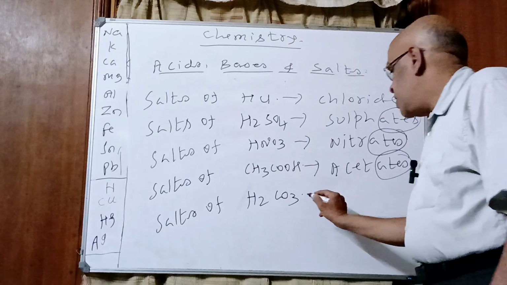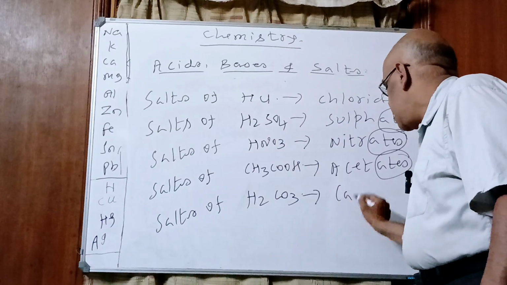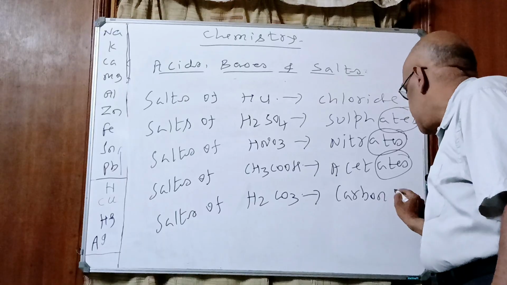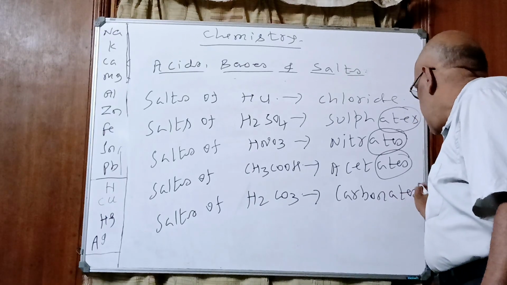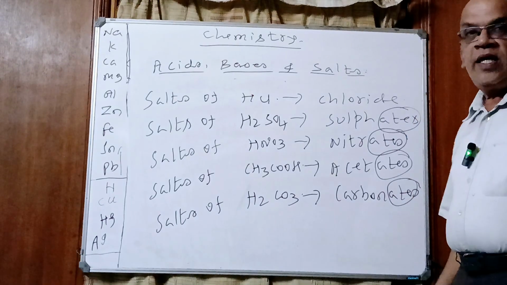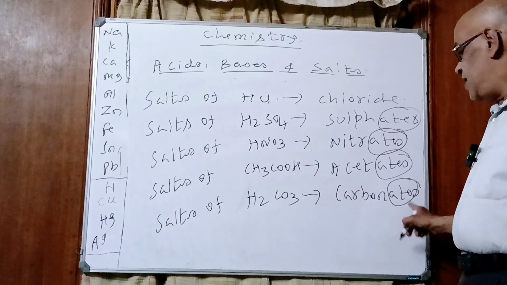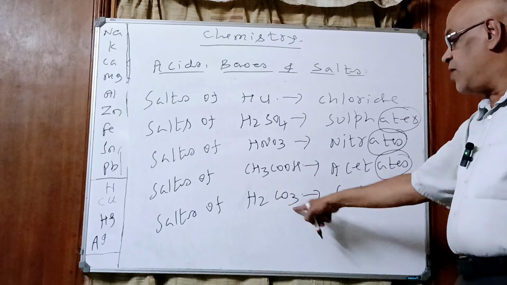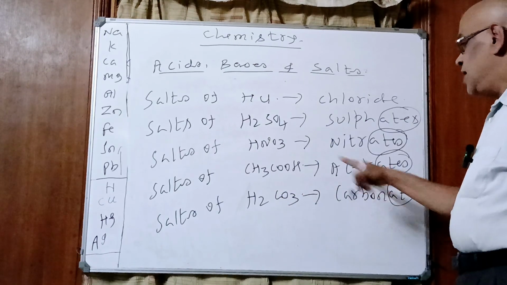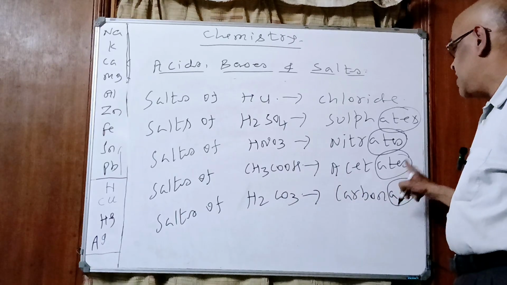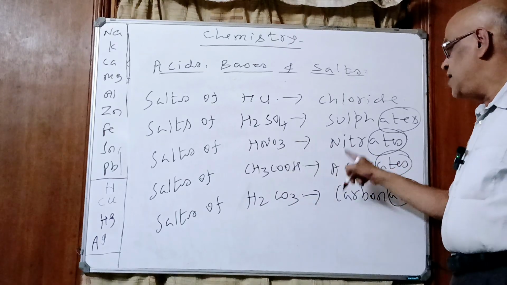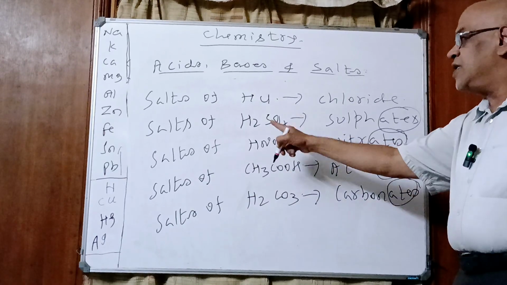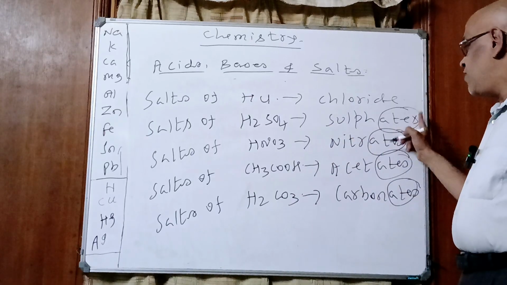Salts of carbonic acid, what are they called? They are called carbonates. Again, children, ends with the letter word ate. Salts of carbonic acid, carbonates. Salts of acetic acid, acetates. Salts of nitric acid, nitrates. Salts of sulfuric acid, sulfates.